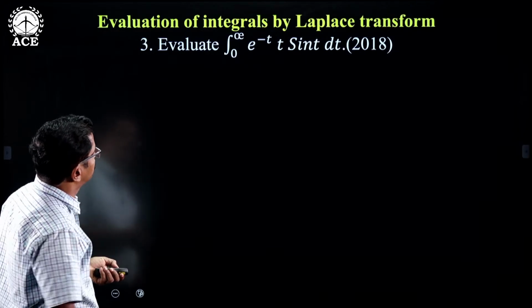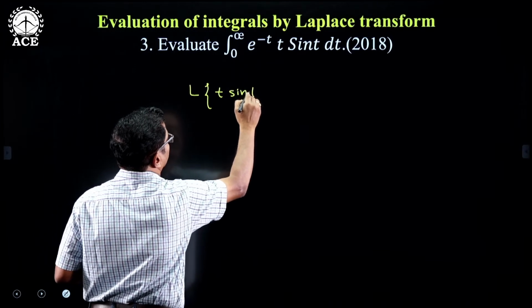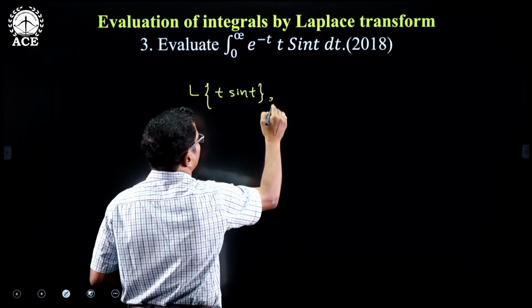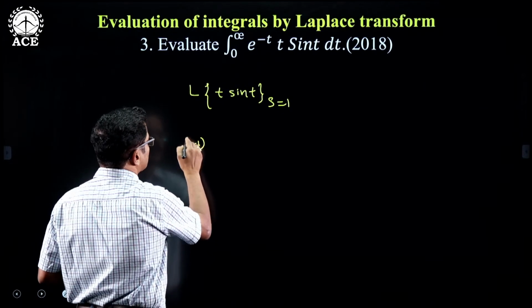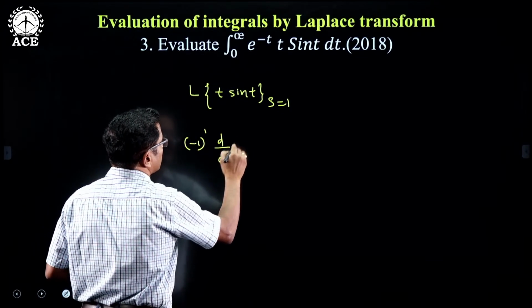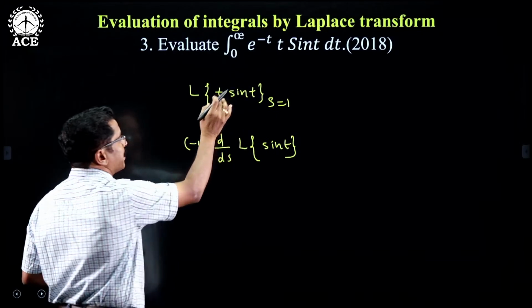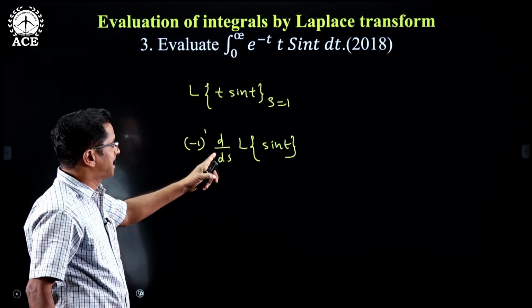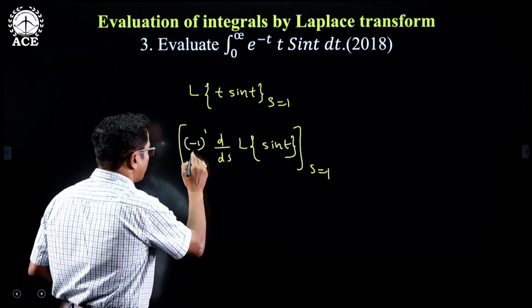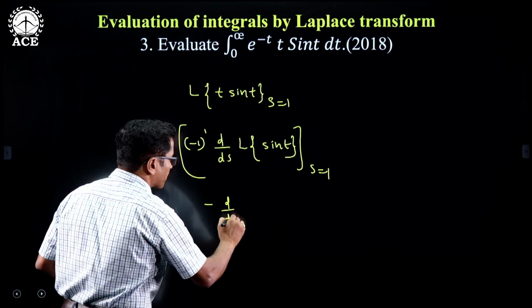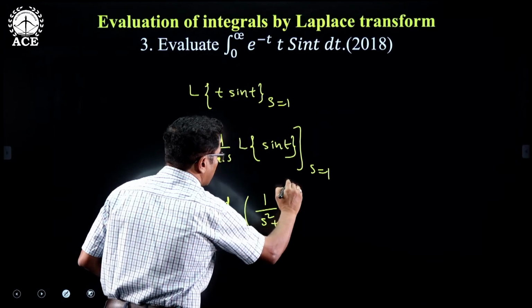Even this also we can see: L of, in the place of f of t we have t sin t, and in the place of s we have 1, e power minus st. So s is 1, which equals minus 1 into d by ds of L of sin t. As it is multiplication by t, I am applying my multiplication by t rule and substituting s by 1. So minus 1 whole power 1 means minus d by ds of L of sin t, which is 1 by s square plus 1, where s is equal to 1.